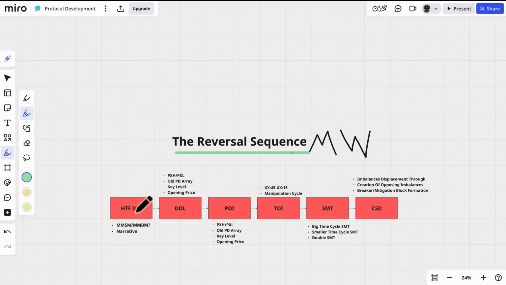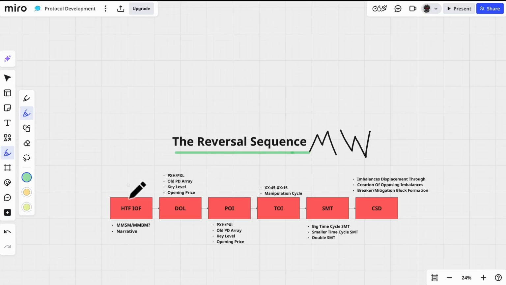Now, once we have established the higher time frame IOF, the basically next step is determining draw on liquidity. Now, when it comes to draw on liquidity selection, there are a variety of tools which we can utilize to determine the draw on liquidity. First of all, we can be paying attention to PxH and PxL. And what PxH and PxL means is the use of time cycles.